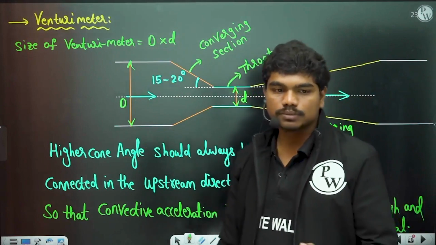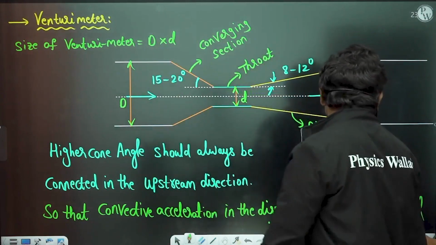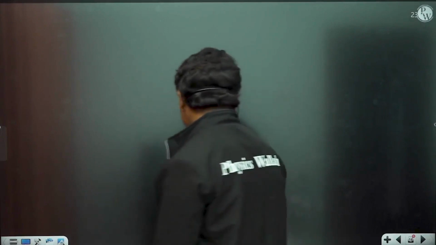Now let us try to do a small mathematical analysis to see how we'll get the flow rate. Okay, so let us see.